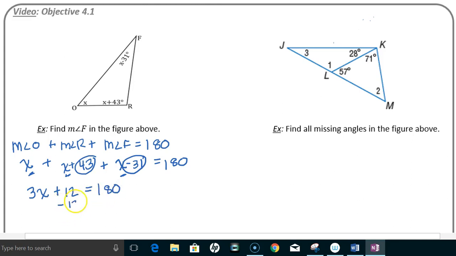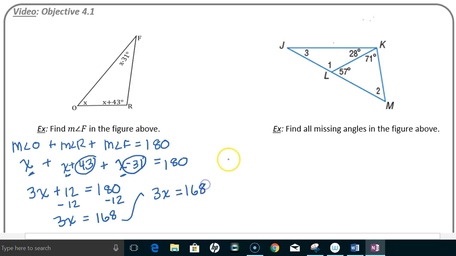Now to isolate the variable term, we'll subtract 12 from both sides, leaving 3x on the left side equal to 168. And now we will have to get all the way down to 1x.